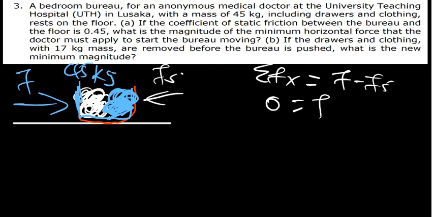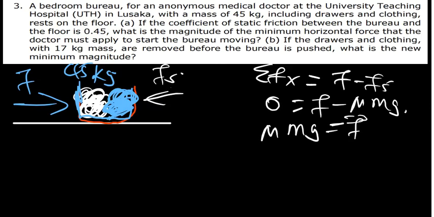So it's going to be the force minus mu times the normal force. Normal force is mg. We shift this to the other side, and we're going to have mu mg is equal to the force. Our goal is to find this force. We have everything.